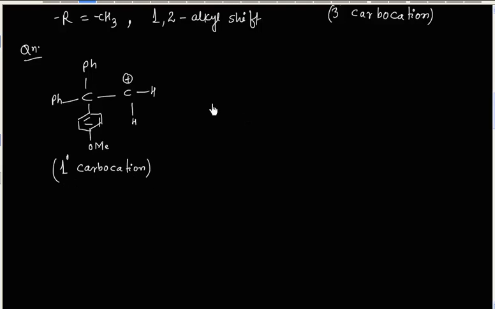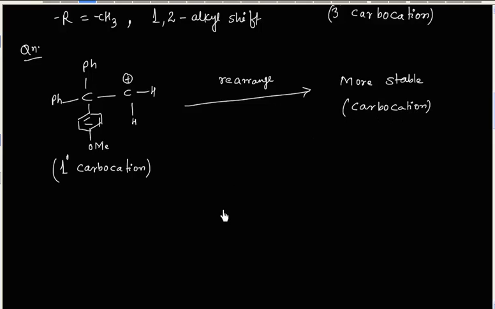It can rearrange to generate a more stable carbocation. So you have to write a structure of the more stable carbocation.